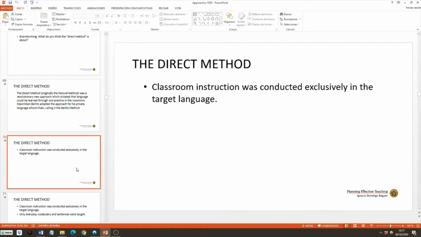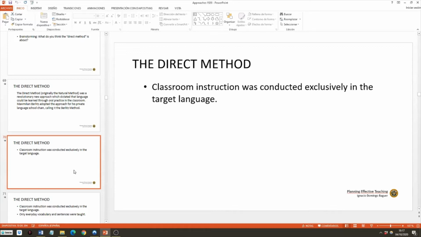From the 1940s and 50s onwards, and with the use of record players, cassette recorders, language laboratories, and so on, the label audiolingual method became popular for roughly what had been known as the direct method.